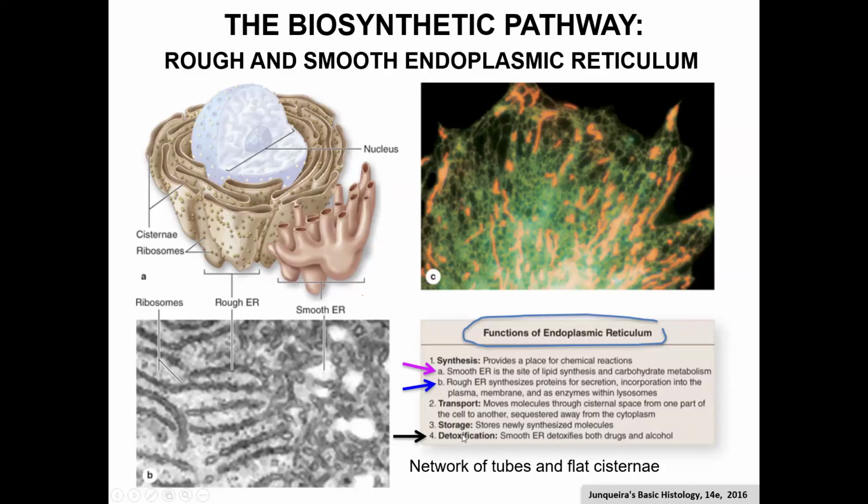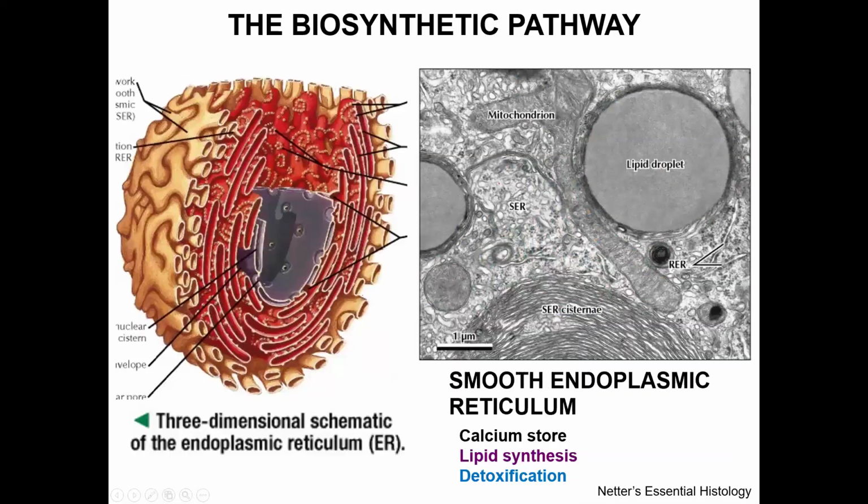They have also a storage function, but I stress the detoxification function that is a feature only of the smooth endoplasmic reticulum. So the smooth endoplasmic reticulum is the site of lipid biosynthesis. It's the site of detoxification of various toxins, and it is also a site for calcium to be stored.